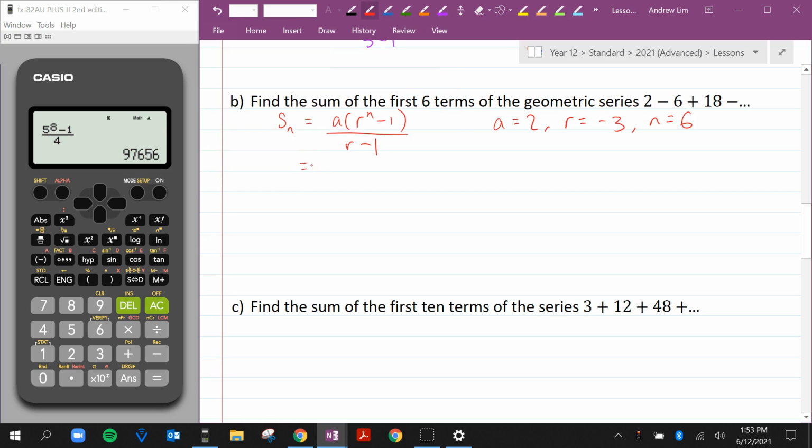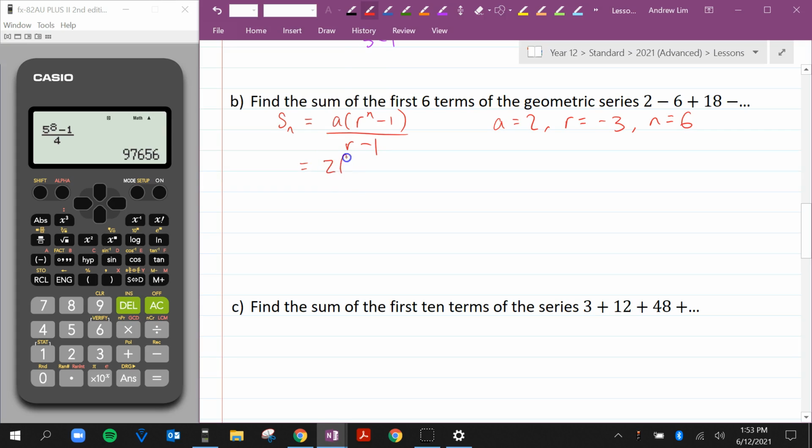You'll notice here that I'm using the first formula. With minus 3 minus 1 in the denominator, I'm going to have a negative denominator, which is fine. I'm going to get the same answer. I'm going to show you both ways. It doesn't matter which formula you use, it will still work.